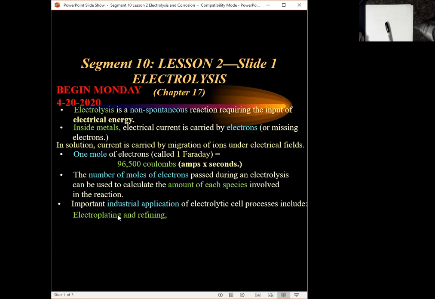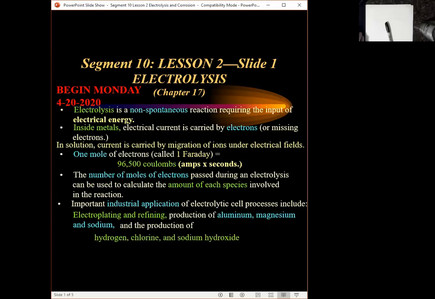So we do electroplating and refining by reduction using electrolysis. Aluminum, magnesium, sodium, almost all of the very reactive metals also are made by electrolysis of molten salts. We produce hydrogen, chlorine, and sodium hydroxide from salt water that way.